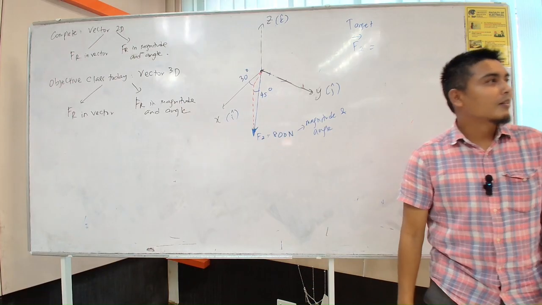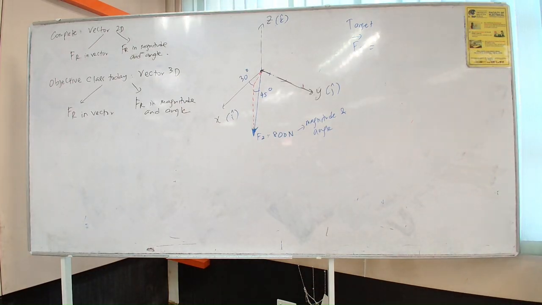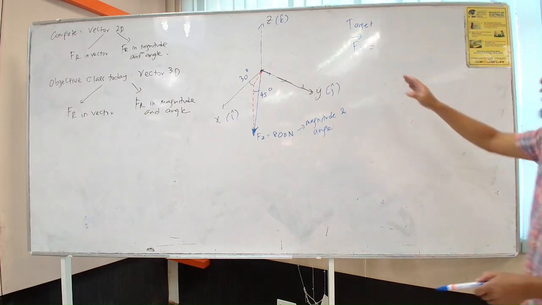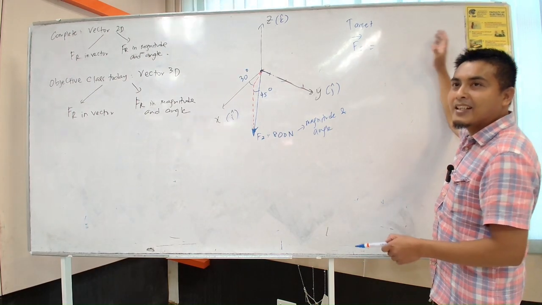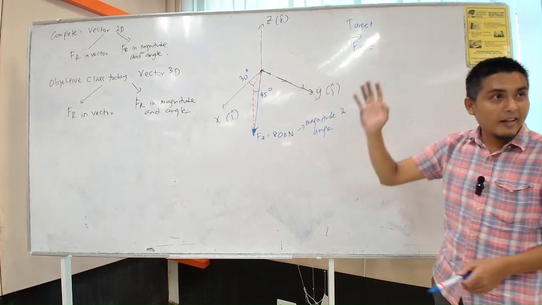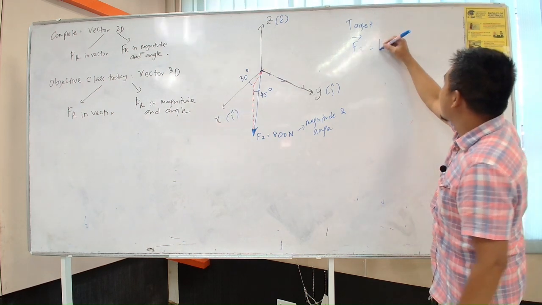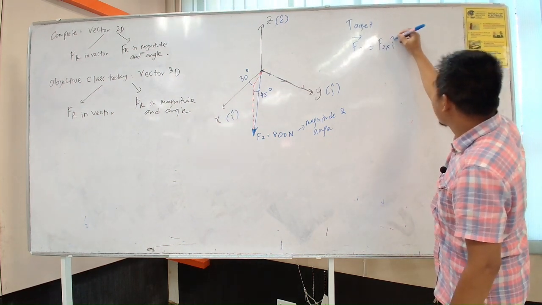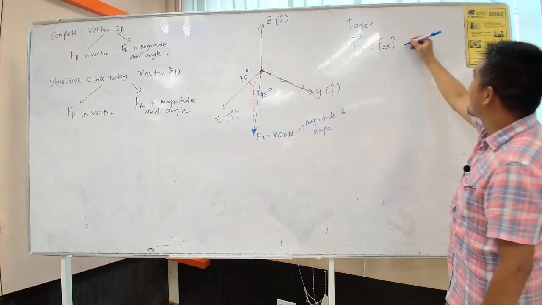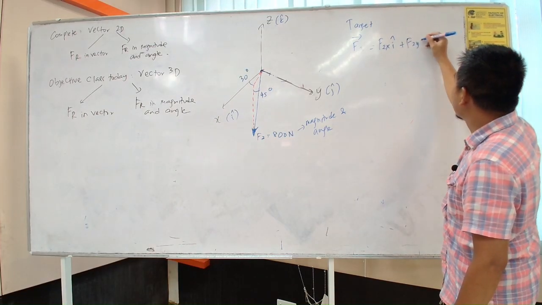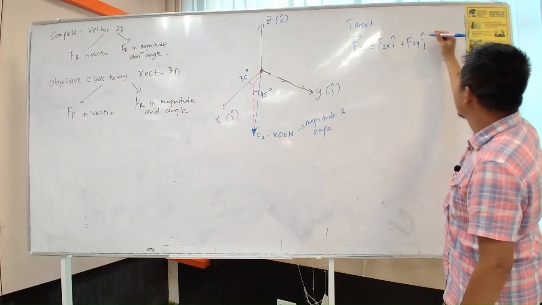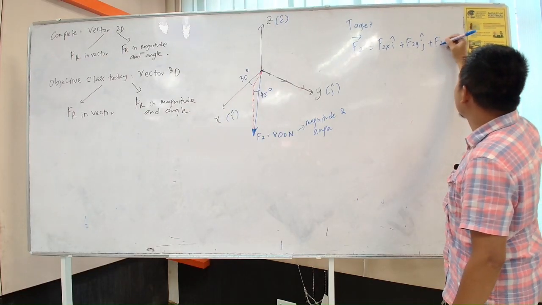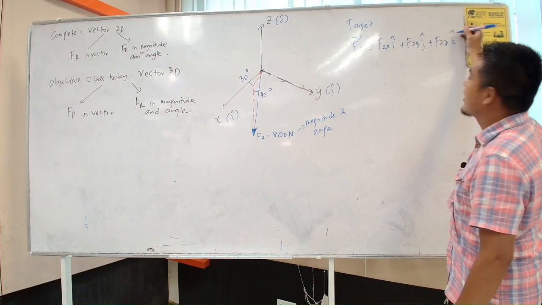Same thing, firstly, you need to divide F2 in the I, J, and K directions. Is it correct? So, you will have F2x in the I direction plus F2y in the J direction and plus F2z in the K direction.